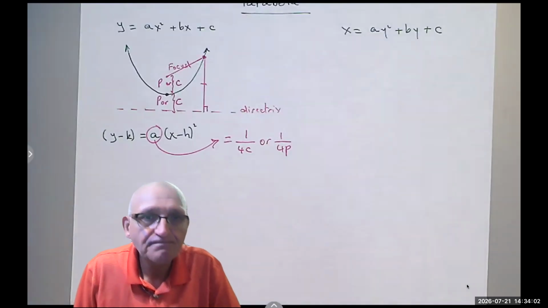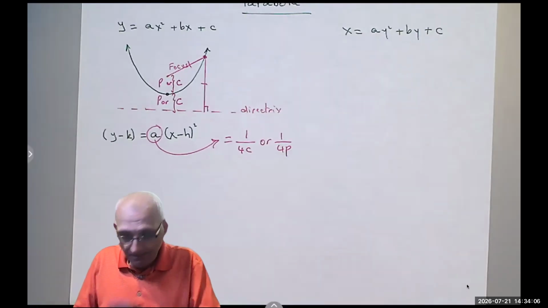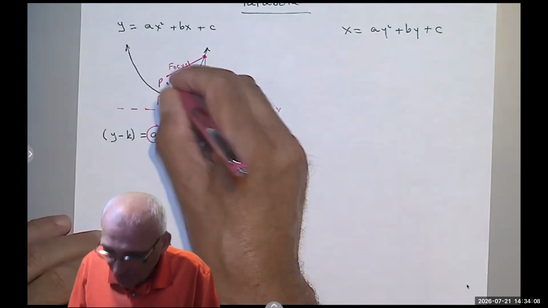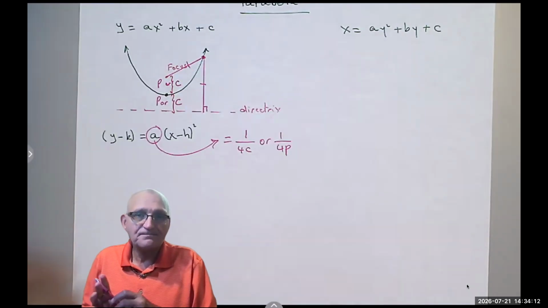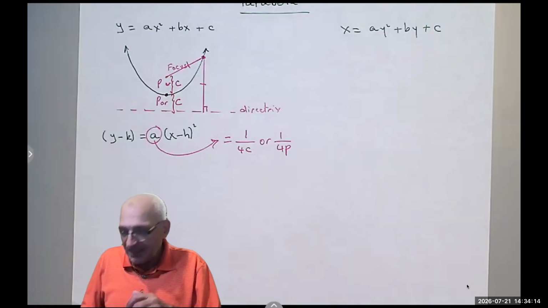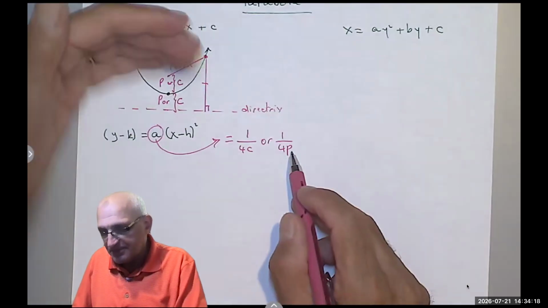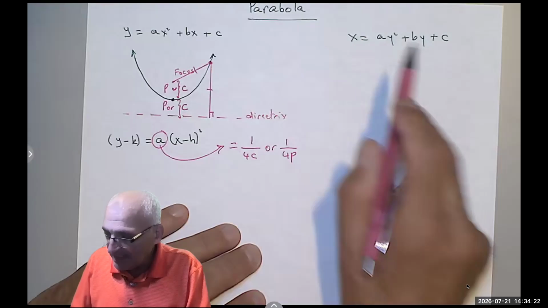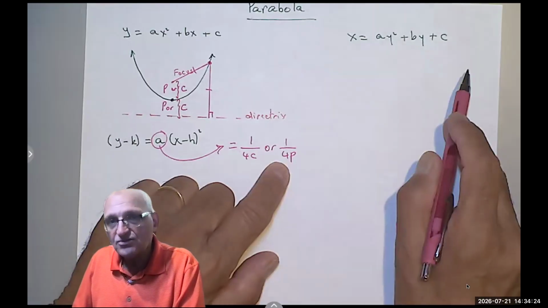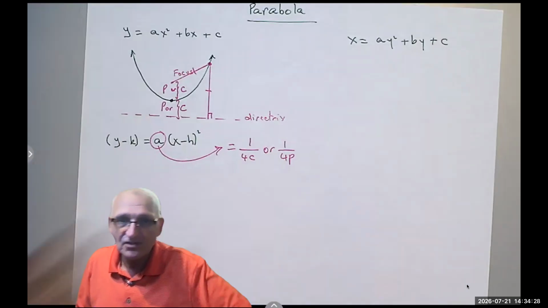Doesn't matter. So p is the distance between the vertex and the focus, or between the vertex and the directrix. And again, if this number is positive, the focus is above. If it's negative, it's below. And if it's opening to the right, the focus is to the right of the vertex. If it opens to the left, it's to the left of the vertex.